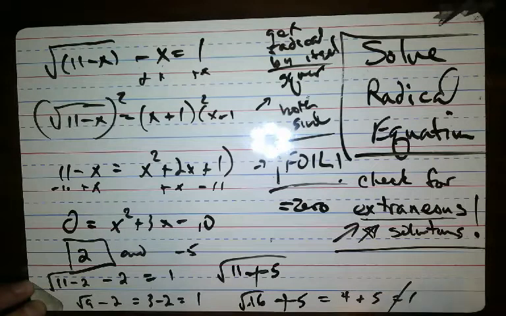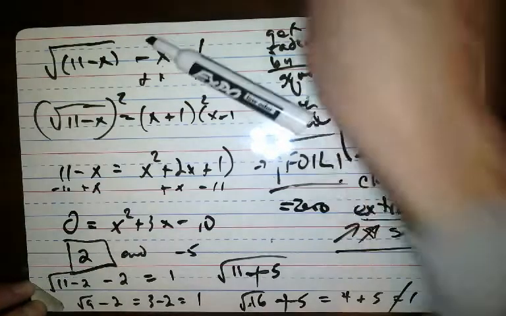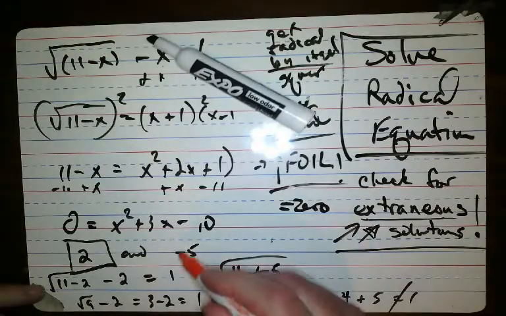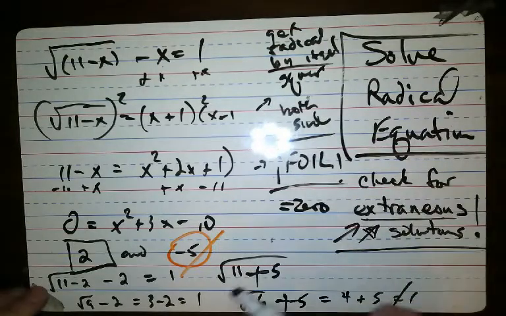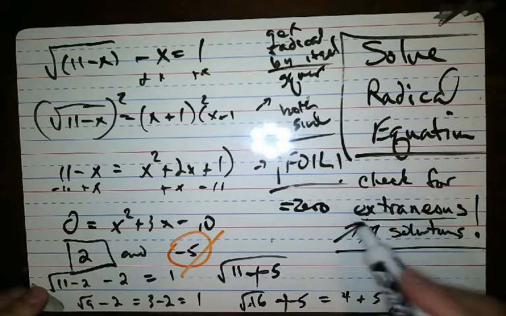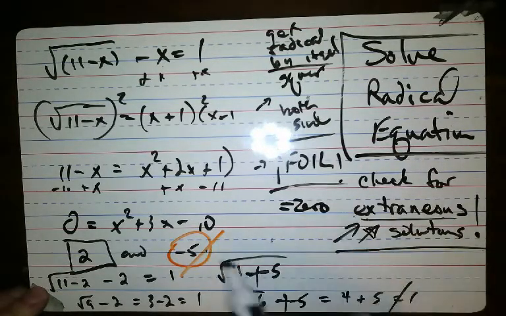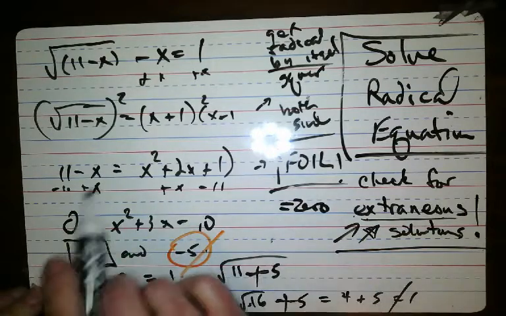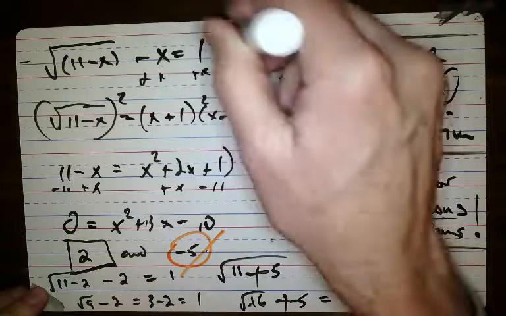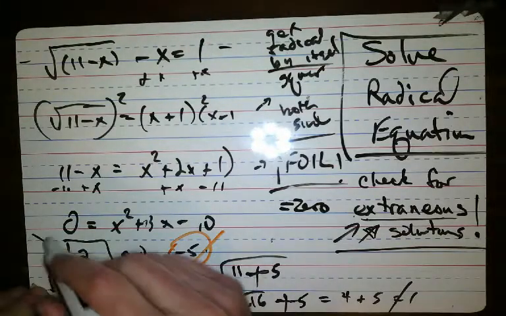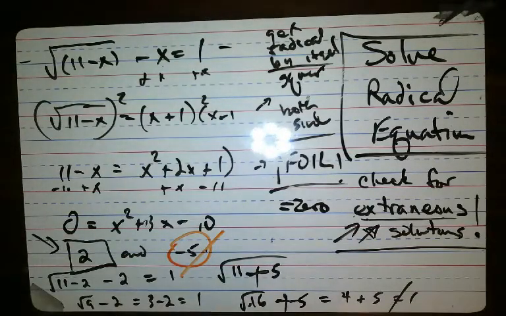No, that's not true. So -5 does not work again. So we found an extraneous solution. -5 is extraneous. It solved this quadratic, but it did not solve the original problem. So there's only one answer.